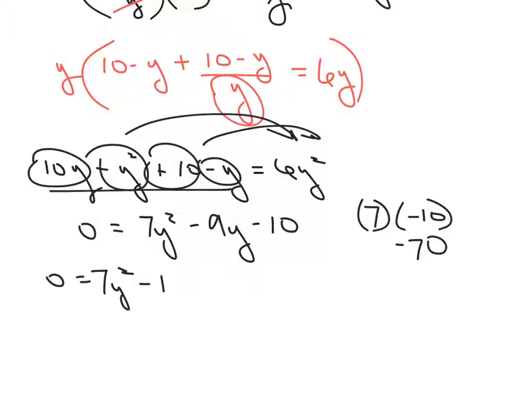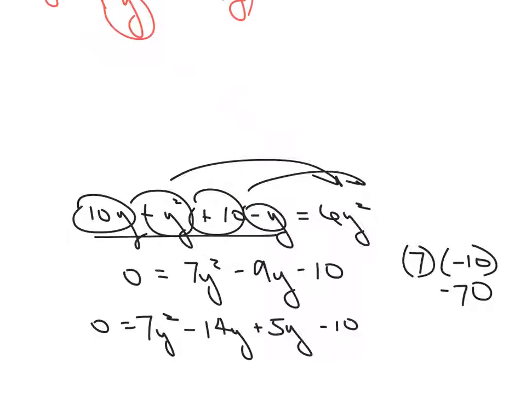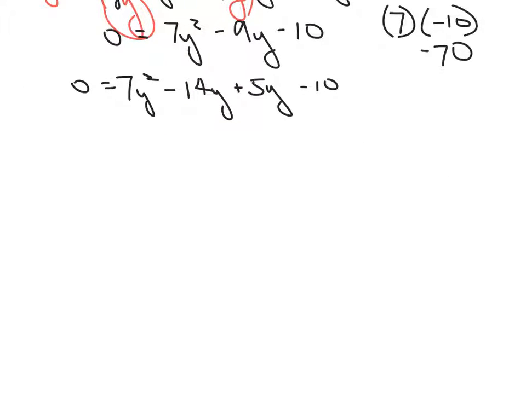So minus 14 plus 5 minus 10. And if you remember, if you have, like in this case, a negative 14 and a positive 5, because adding those together gives you a negative 9 and multiplying gives you a negative 70, you always put the negative first. Okay, I can go into why, but it's just so much easier just to do it that way. It just makes your grouping easier.